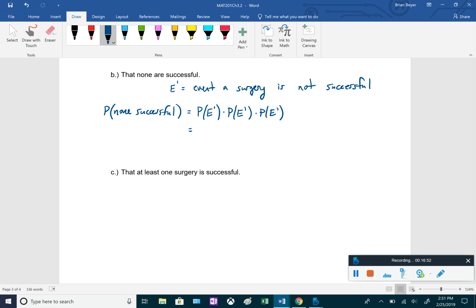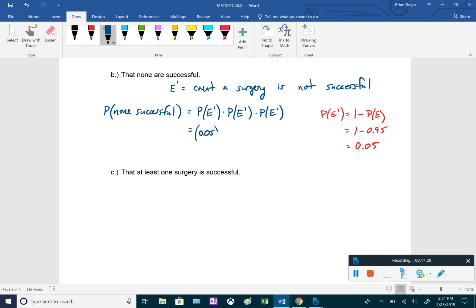Okay, so the probability of E complement, we have to remember, is 1 minus the probability of E, which is 1 minus 0.95, which is 0.05. So the probability that a surgery is not successful is 5%, because the probability that it was successful is 95%. So now we plug all of those in.